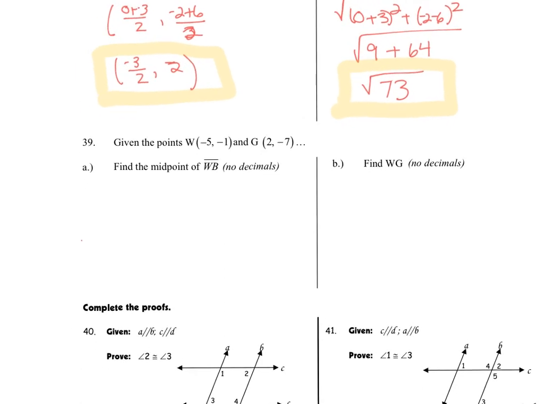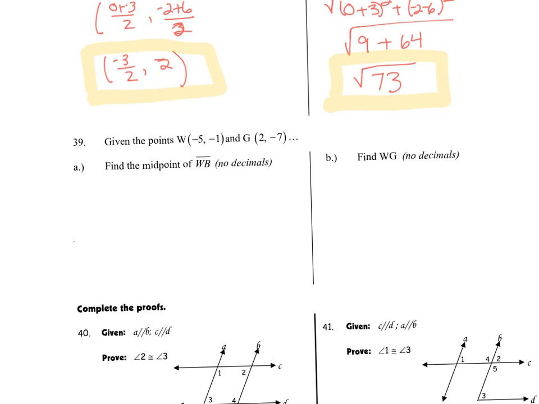If we look at finding the midpoint, looking at my x values, I'm going to have negative 5 plus 2 divided by 2, so that's going to give me negative 3/2. And then for my y values, negative 1 plus negative 7 divided by 2, that's going to give me negative 4. So that is my midpoint.